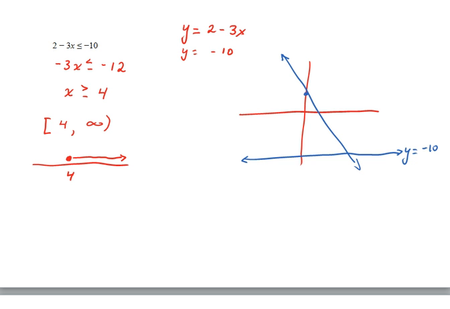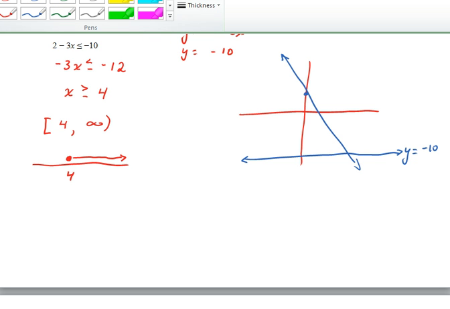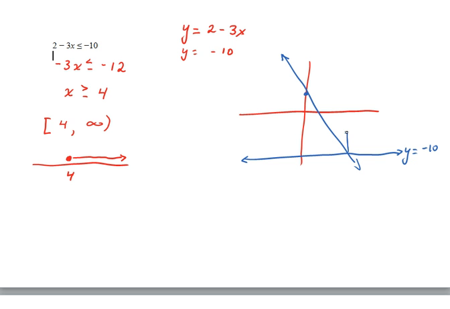Well, that is actually happening starting at the intersection point here and going to the left. And I'll let you confirm that the intersection point is for negative 10. And so in terms of the number line, it's all numbers greater than or equal to 4.